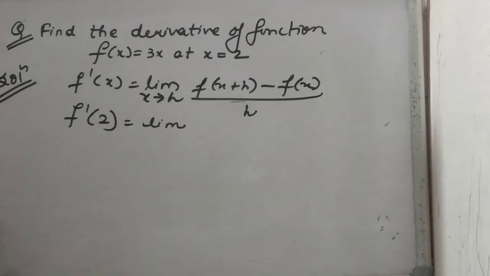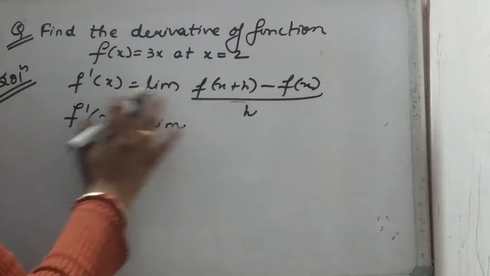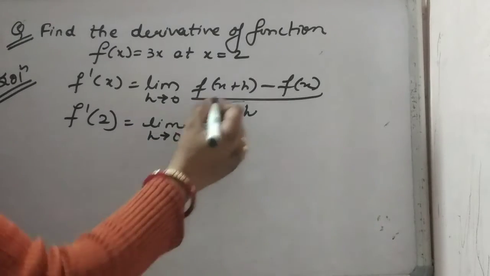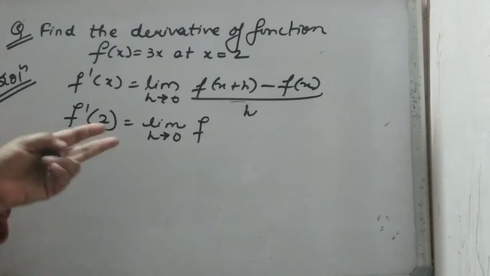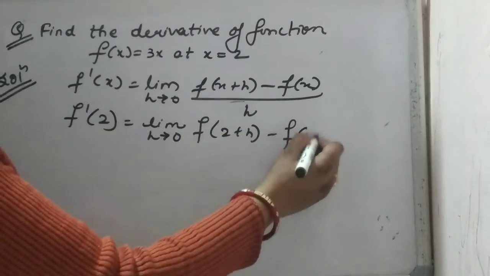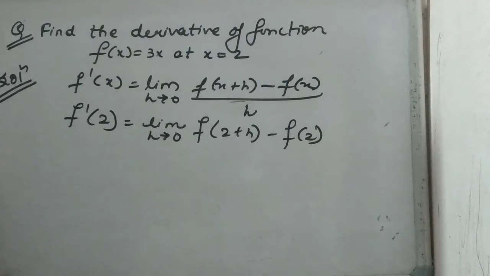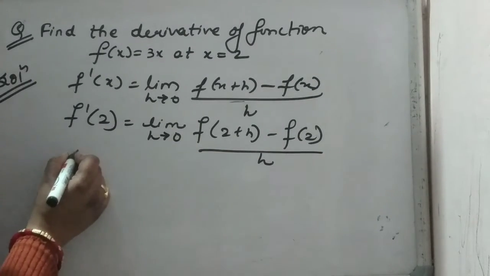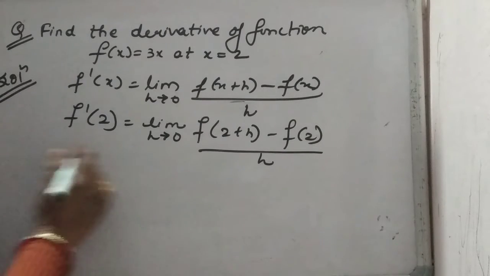The limit is, first of all, we'll find it for h tends to 0. So directly we can put h tends to 0 here, and the function x plus h, okay. The x value is given as 2, so 2 plus h, and here also f of 2, okay. Now we can write upon h. Now f dash 2, you don't need to write again.